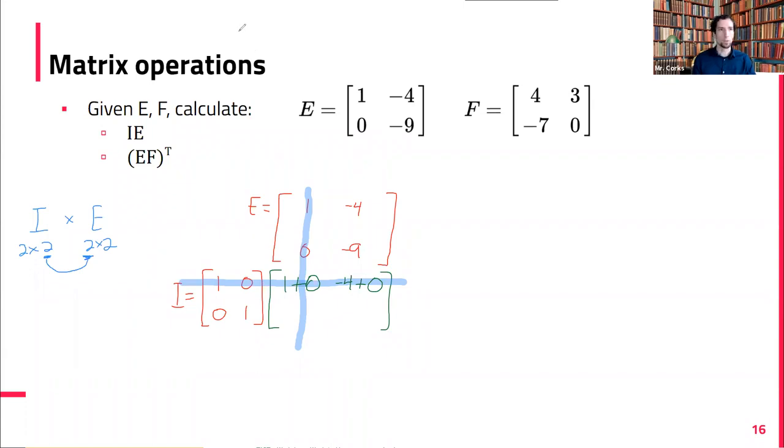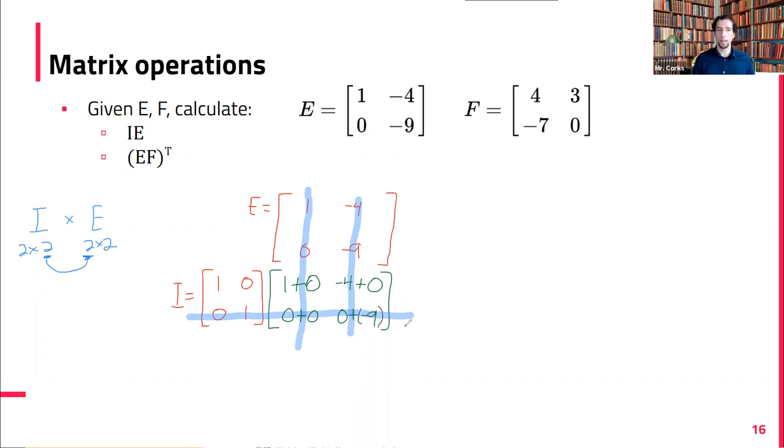Okay, and we can move on to our second row here. Second row from the first matrix, again, times both columns. What numbers will we get in here, the second row? 0 plus 0, okay, and 0 plus -9.